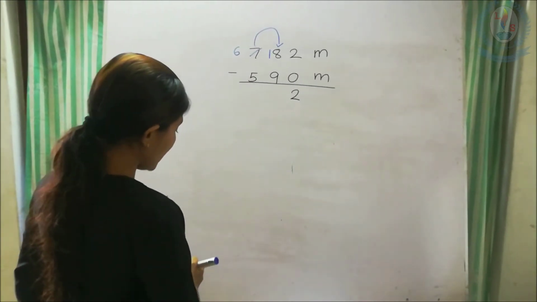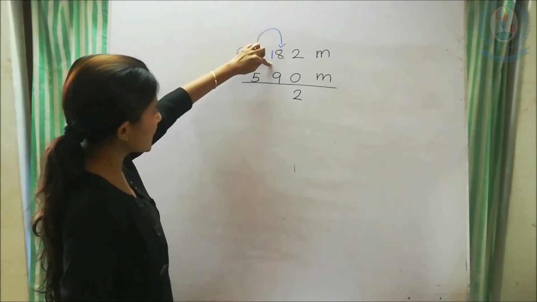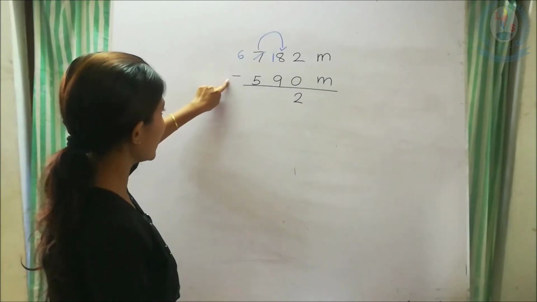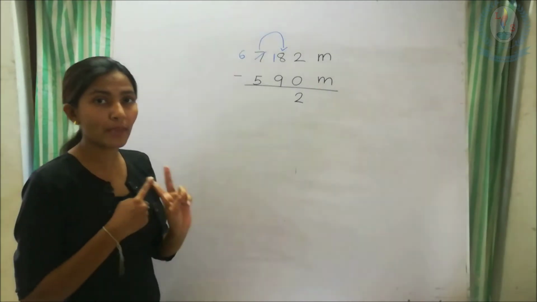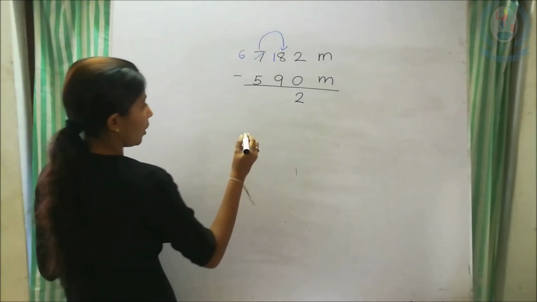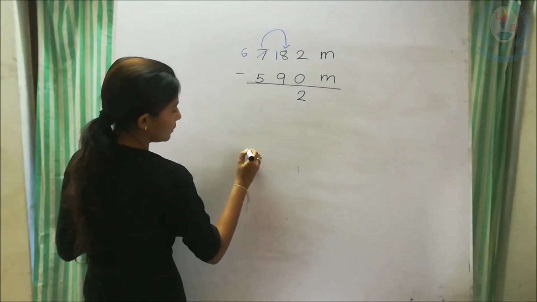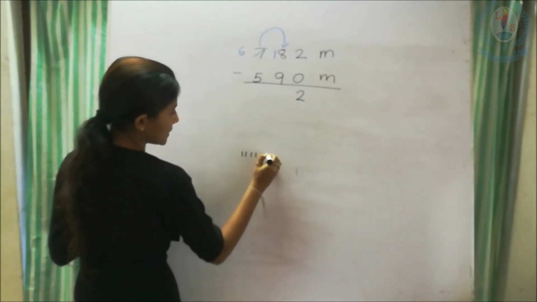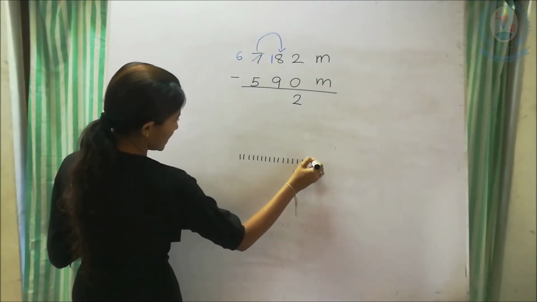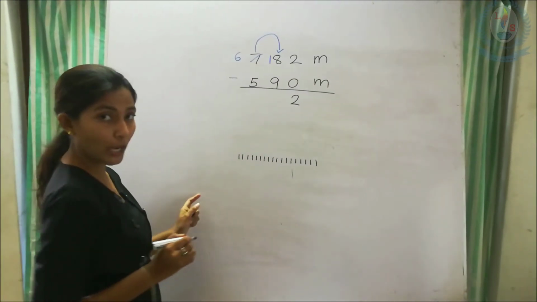Then you have here 18. 18 minus 9. There are two ways of doing that. First way is you can draw 18 lines: 1, 2, 3, up to 18.